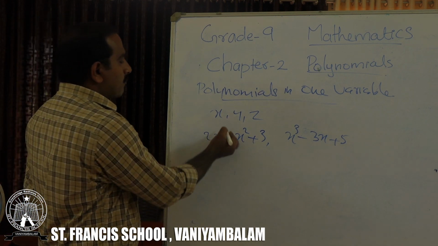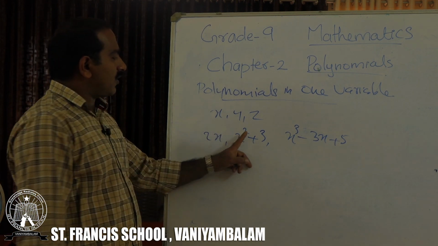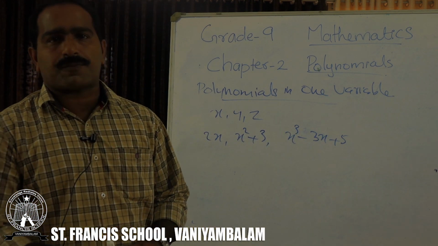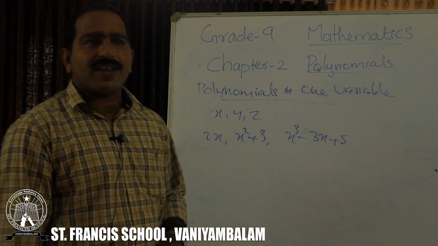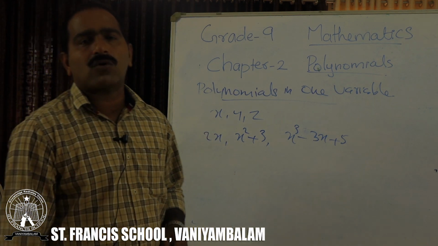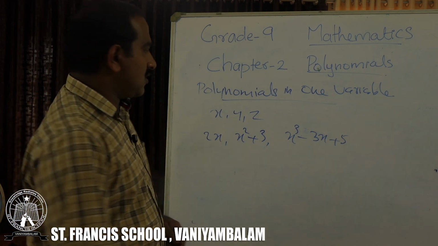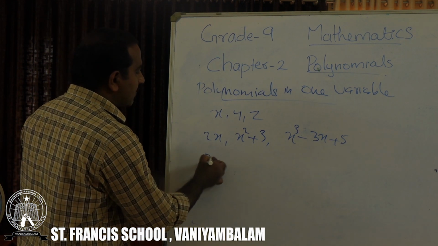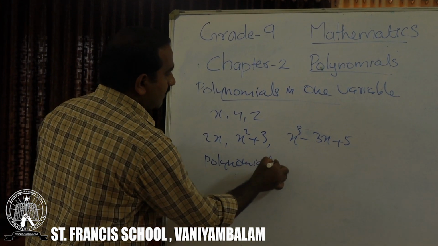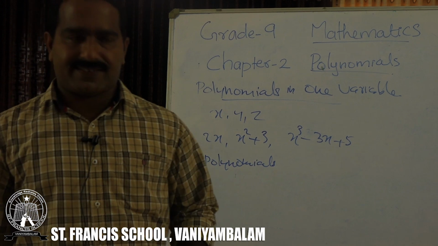Here x power 1, x power 2, x power 3 are whole numbers. Such algebraic expressions with exponents as whole numbers are called polynomials. So these are polynomials in the variable x.